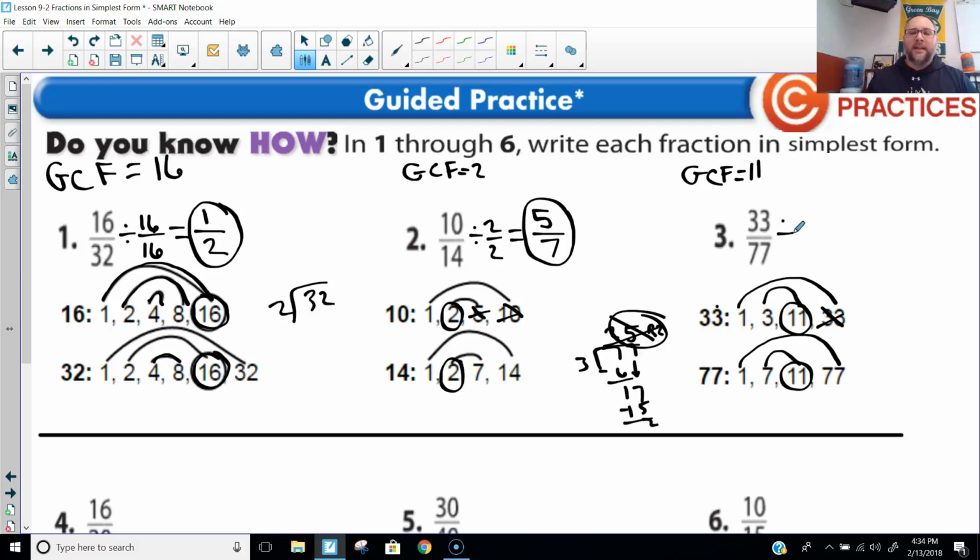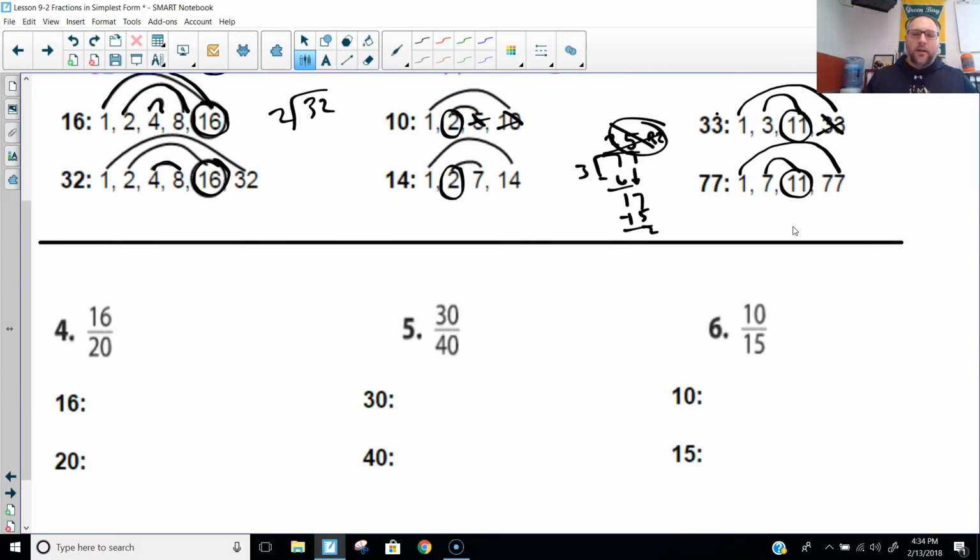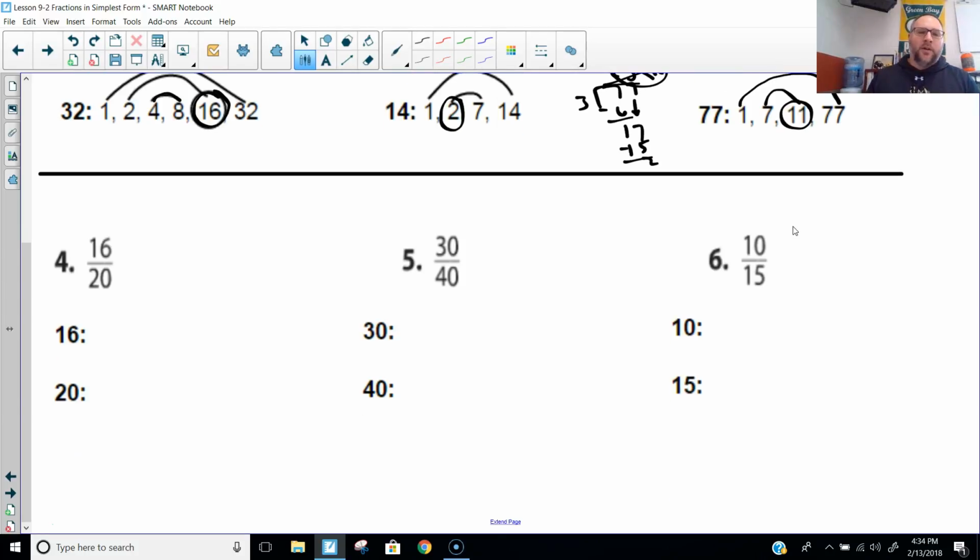I'm going to divide it by 11 elevenths, because 11 elevenths equals 1. And when I do this, 33 divided by 11 is 3. 77 divided by 11 equals 7. So 33/77 in its simplest form is 3/7.